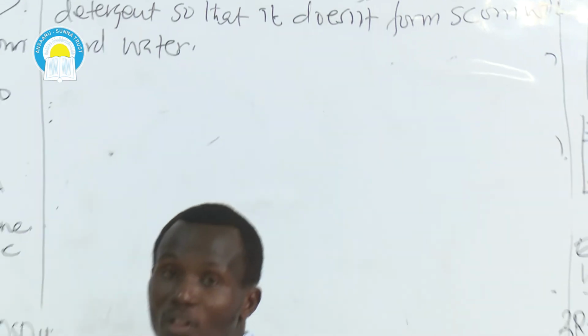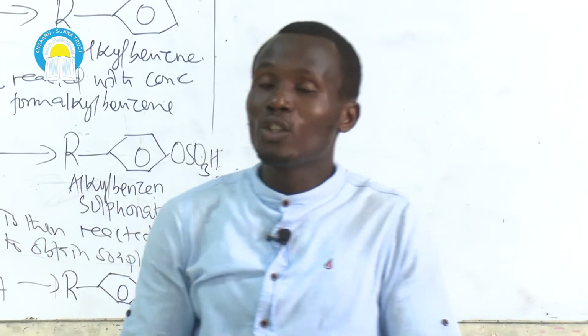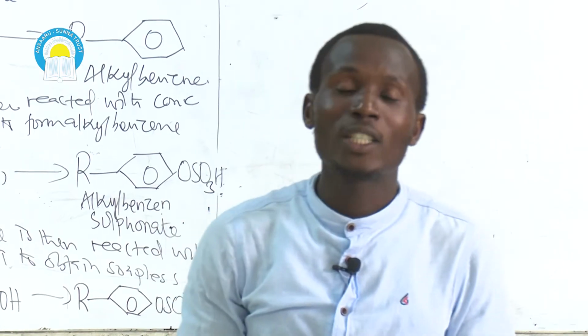It doesn't form scum with the hard water. In fact, now that gives us the reason why in places where we have hard water, you will find that in most cases they will be using the Omo.